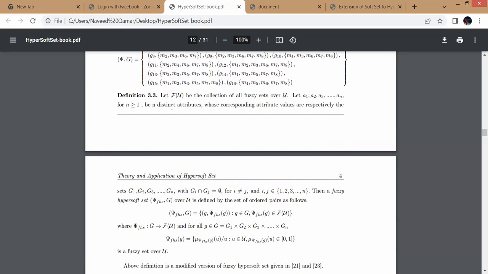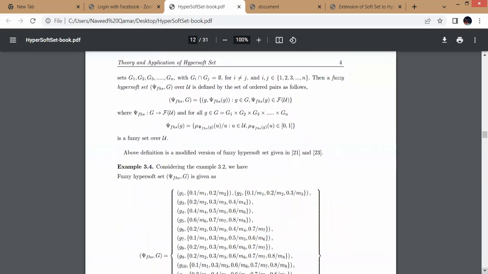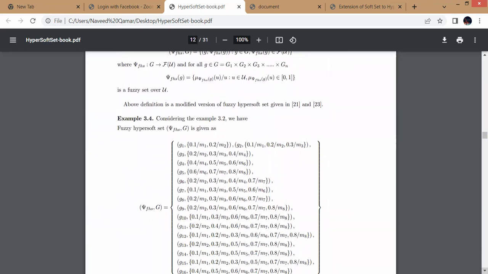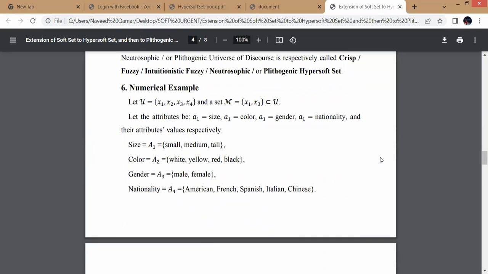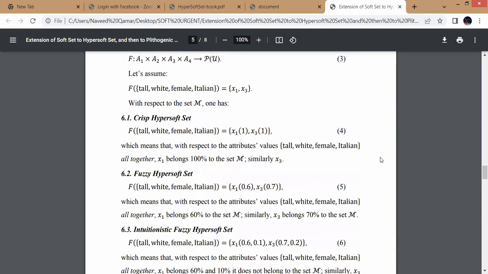This is the definition of a fuzzy subset. If we discuss this with the help of an example, this topic is also discussed in our previous paper. Here are three definitions, like crisp hypersoft set and fuzzy hypersoft set.